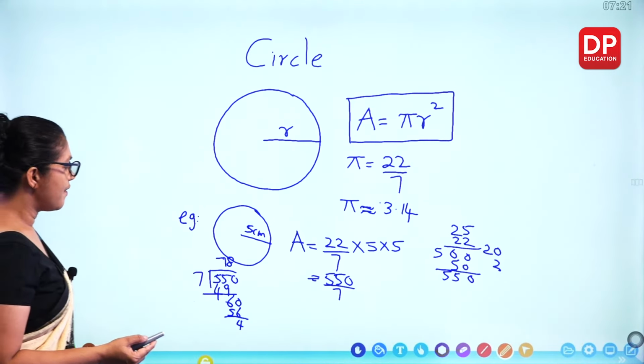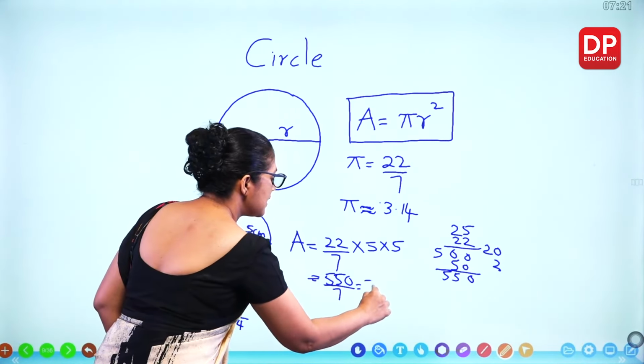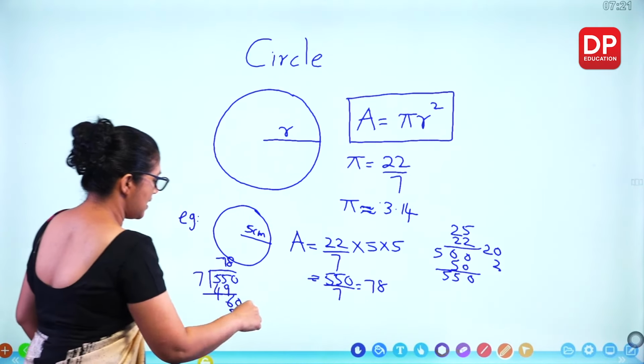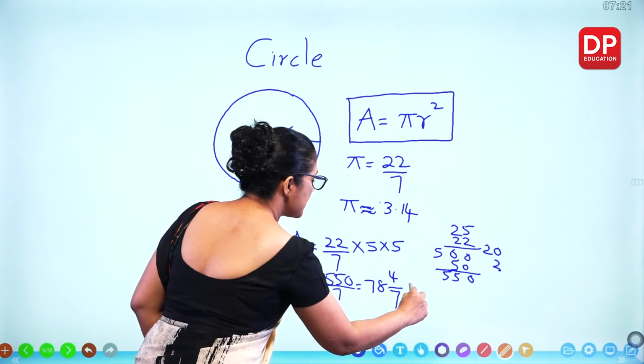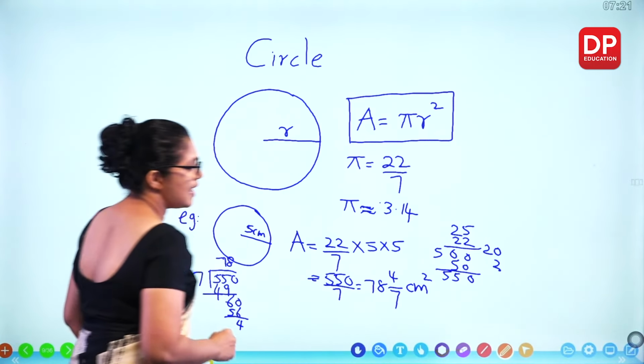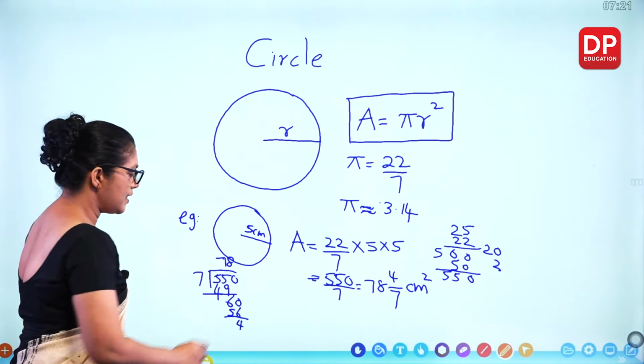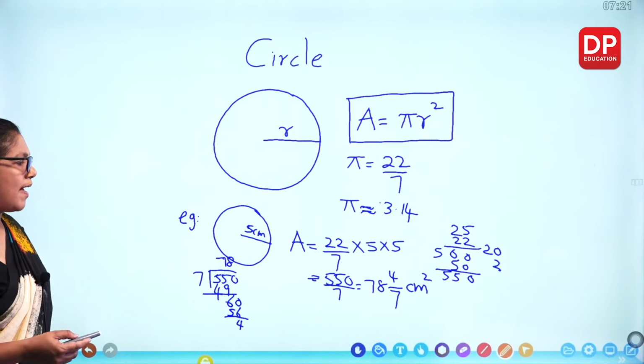So either you can write 78 4/7, or you can write it as a decimal as well. So you divide further and write down the decimal value.